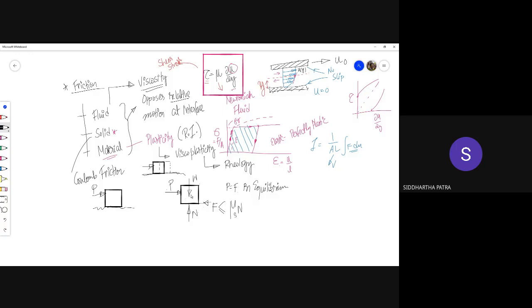And when you indeed apply P equal to mu s times N, the block actually starts moving.